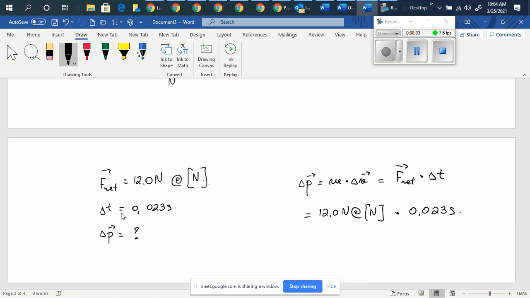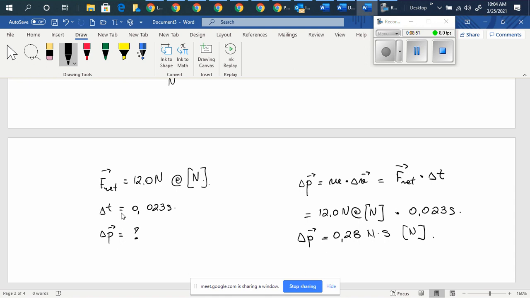Then in your calculator, 12 times 0.023 gives the change of momentum: 0.28 newtons times seconds going in the north direction.